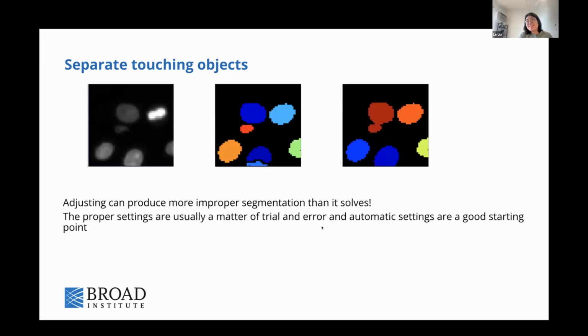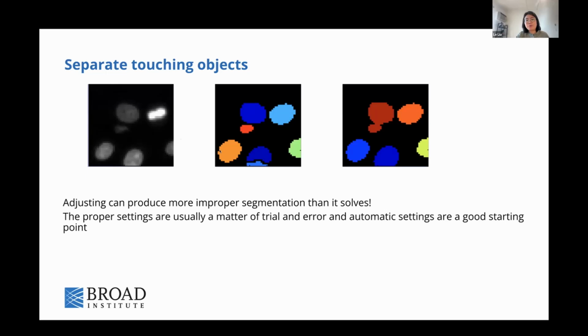Ideally, for segmentation, we want to segment each individual object perfectly, 100%, but that's not always the case in practical scenarios. It's good to fine tune the parameters, but we also need to know where to stop.